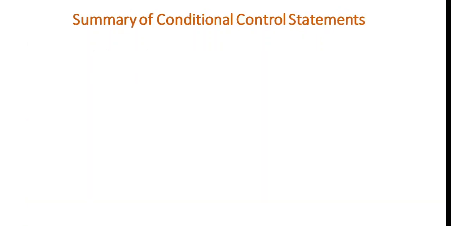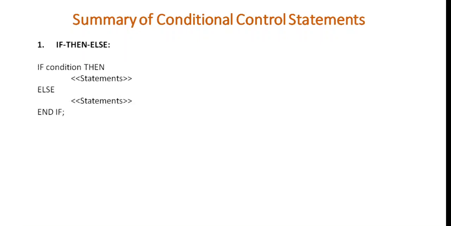Now let's have a quick summary of each of the control structures in PL/SQL. In conditional statements, we have the basic statement, that is IF, THEN, ELSE. The syntax of the IF THEN ELSE statement is, first we write IF, then we check some condition, then the keyword THEN, and then executable statements are written inside the body.